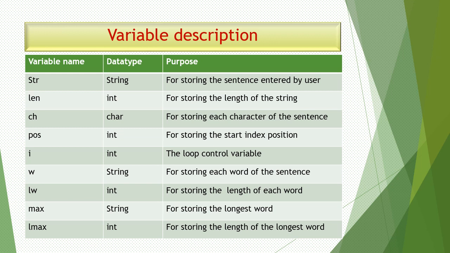As we have already discussed, the variable str for storing the sentence entered by the user, len for storing the length of the string, ch for storing each character of the string, pos for storing the start index position, i is the loop control variable, w a string type variable for storing each word of the sentence, lw for storing the length of each word, max for storing the longest word, and lmax for storing the length of the longest word.